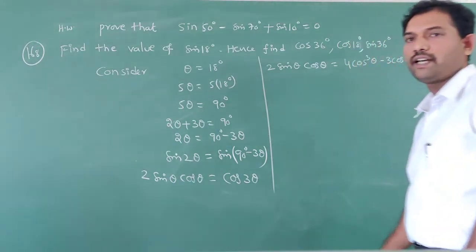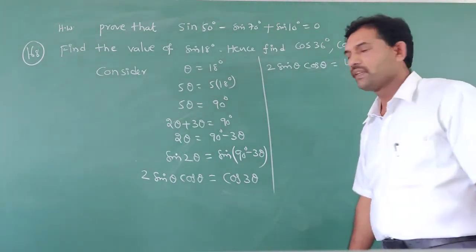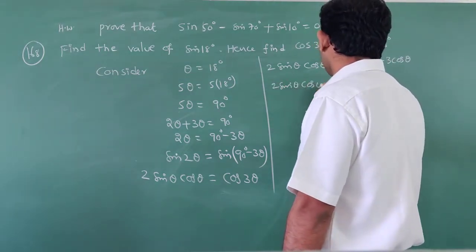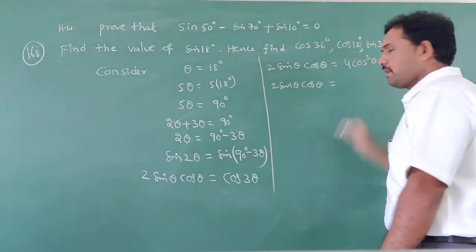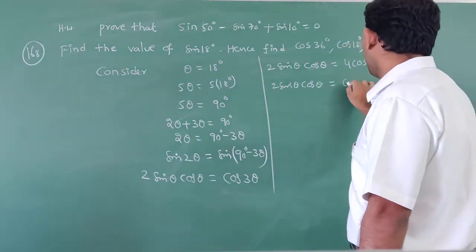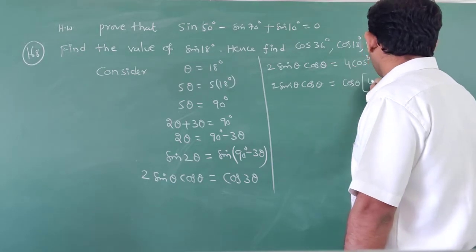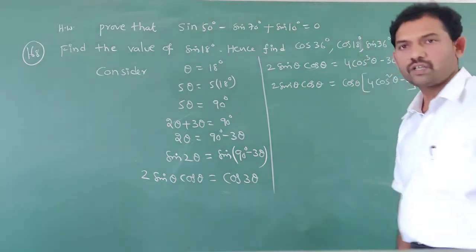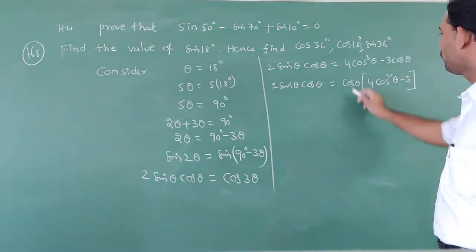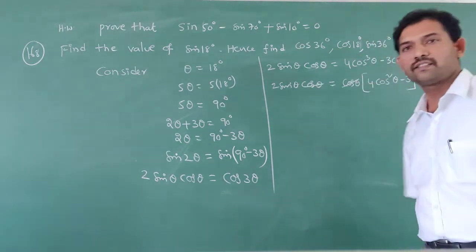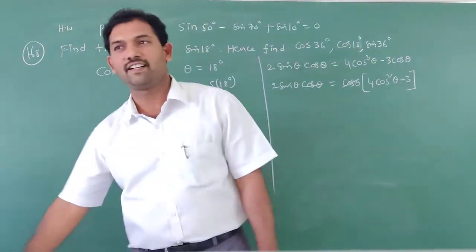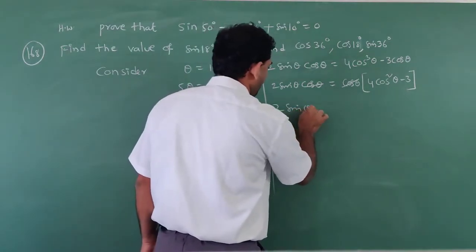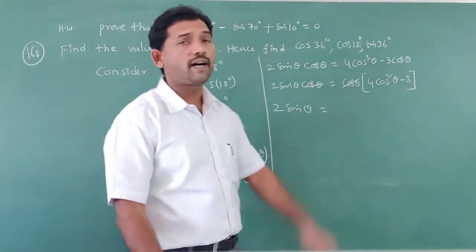Understand? Next, 2 sin theta cos theta equals, in these two terms cos theta is common, 4 cos square theta minus 3. So on both sides cos theta will be cancelled.